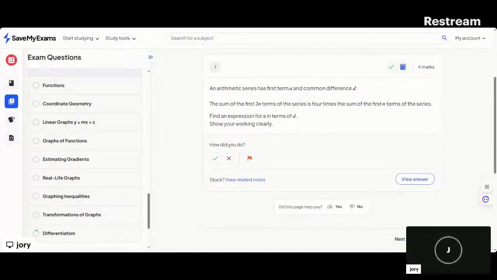So the n term, the 2n, this is n, and then 2n is equal to 4 sum of n.